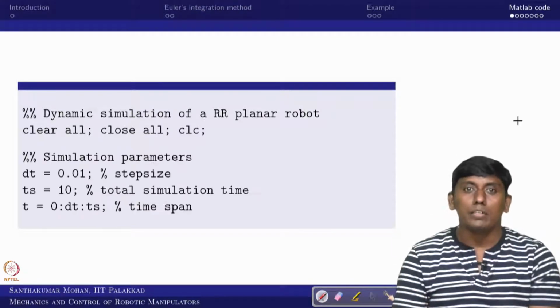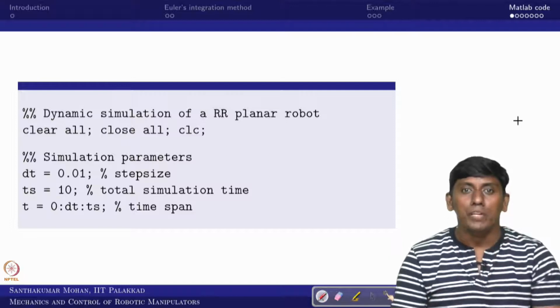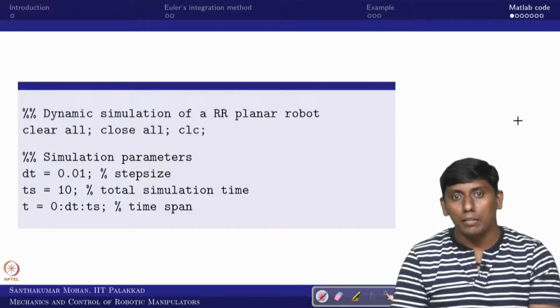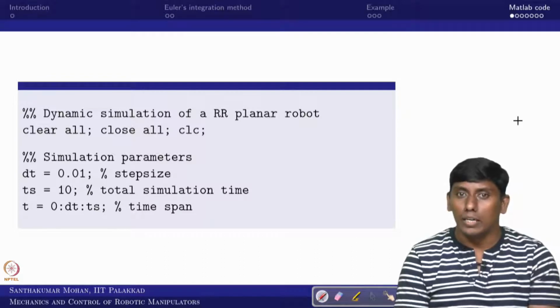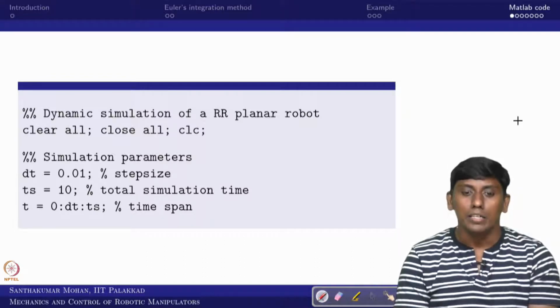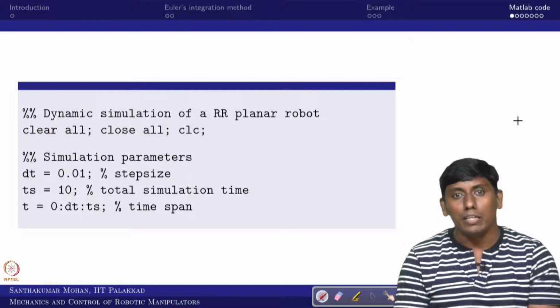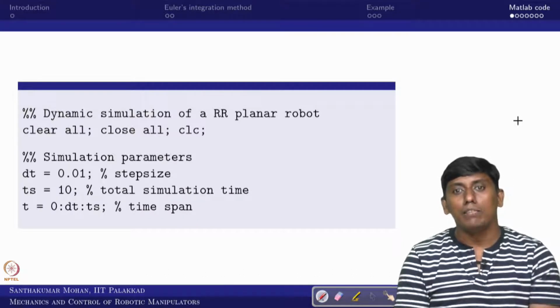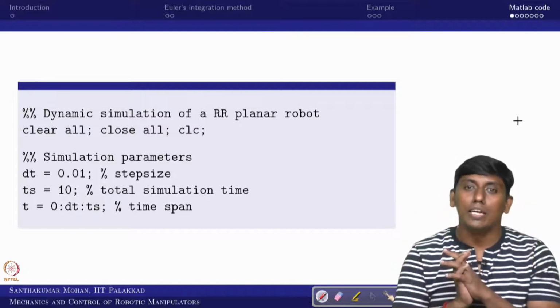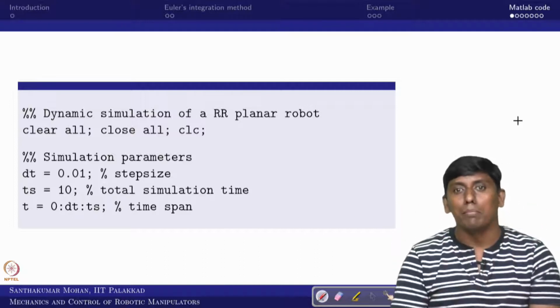Then, since it has several steps, first we need to define the integration parameters. Here we are doing Euler integration. Euler integration is a simple first order system. So dt is equivalent to delta t, which is nothing but the step size. Here I have taken 10 milliseconds; it need not be, but we have taken 10 milliseconds. Further, we need to decide what simulation range you want to run this particular Matlab code.